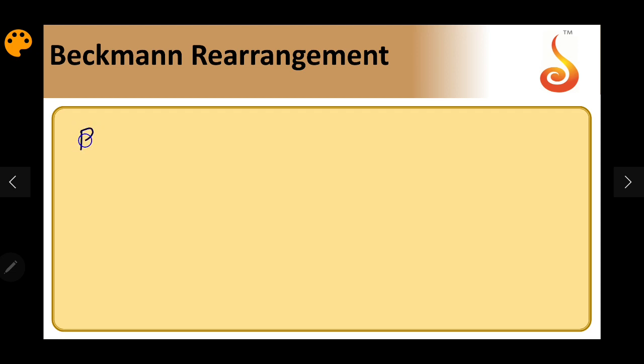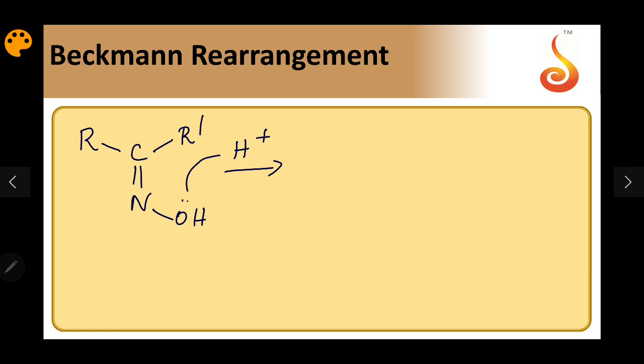Let us say I am taking R, C, R dash, double bond N, single bond OH. I am taking it syn with respect to R dash, anti with respect to R. I am reacting this in acid medium, so OH will get protonated. Now OH2 plus is a very good leaving group.